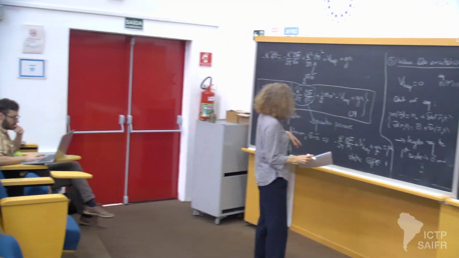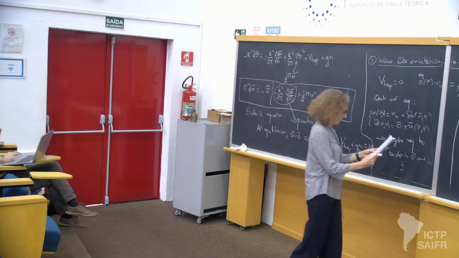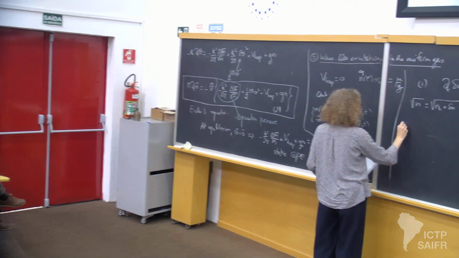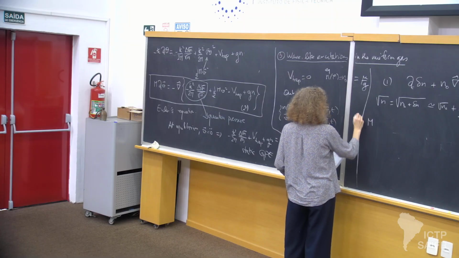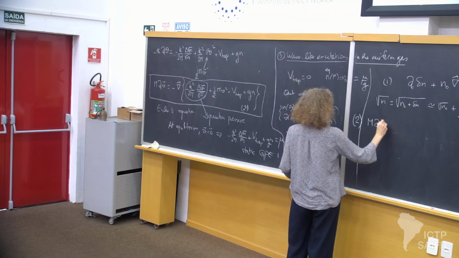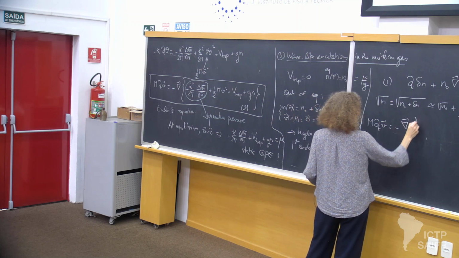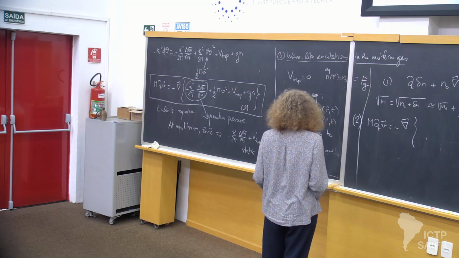So equation 2 will give m time derivative of v is equal to minus the gradient of what?